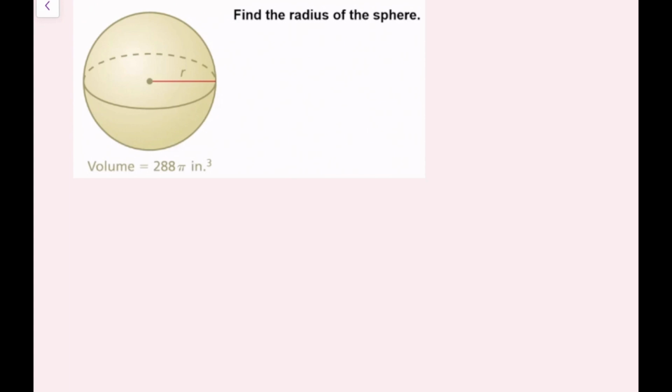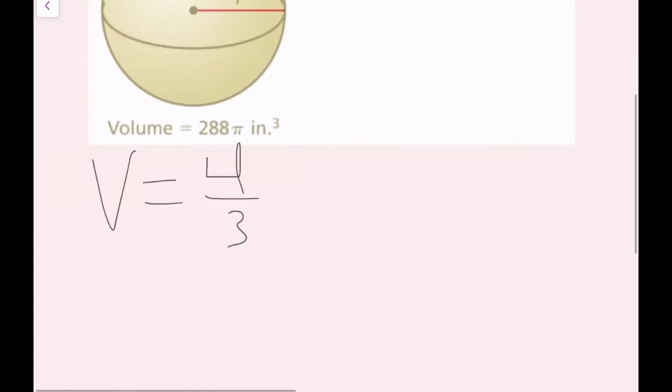Now we have a sphere that we are given the volume and we don't have the radius. So what we're going to do is write down our volume equation for the sphere again. Volume equals 4/3 pi r cubed. Okay?